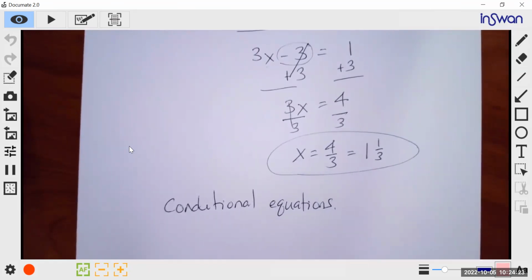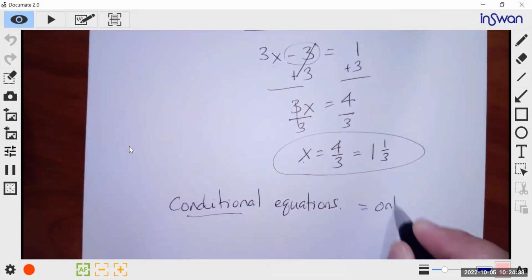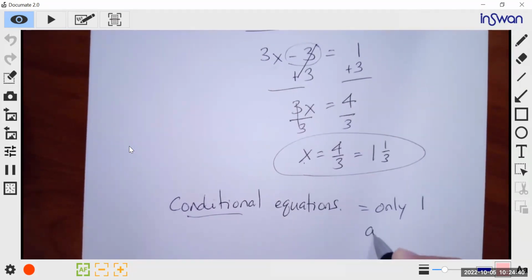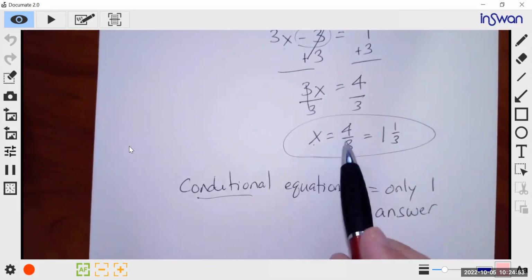If x does not equal 4/3, are the sides going to be equal? No. It's only true when x equals 4/3. If you only have one answer, then it's a conditional equation.